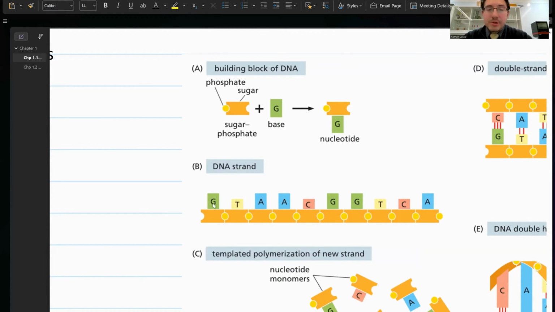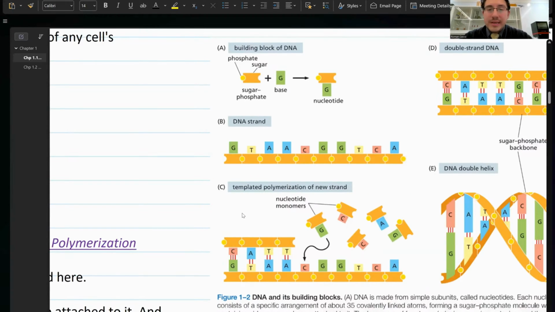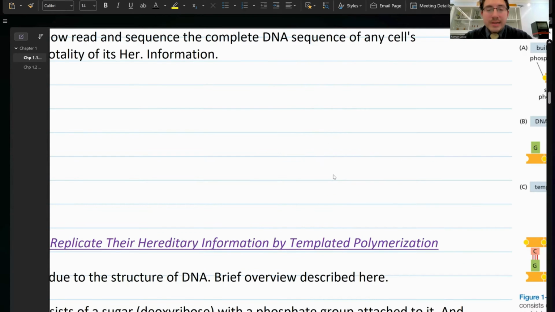The nitrogenous bases are pointed pretty much at a 90-degree angle, to create a nucleic acid strand. That in itself is a DNA strand, but this is single stranded here.